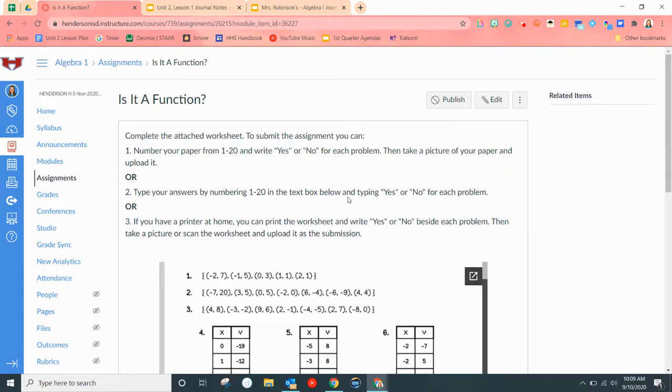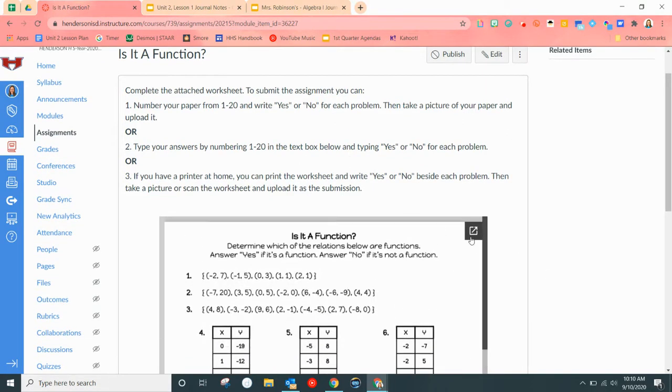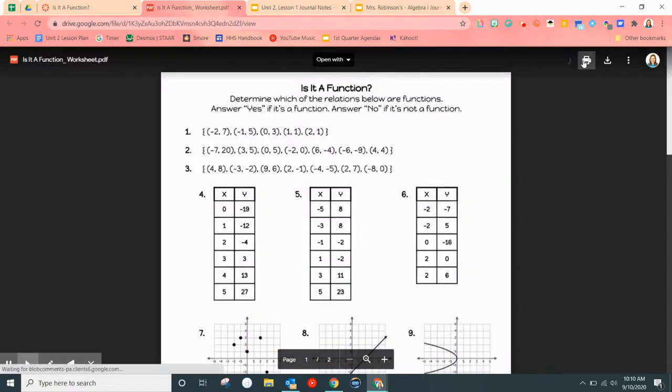Or the third option you have, and a lot of you probably don't have this option, is you could actually print this out right here. So how you would print this out is you would click this arrow, and it'll pop it out into a new tab, and then you'll be able to click print.